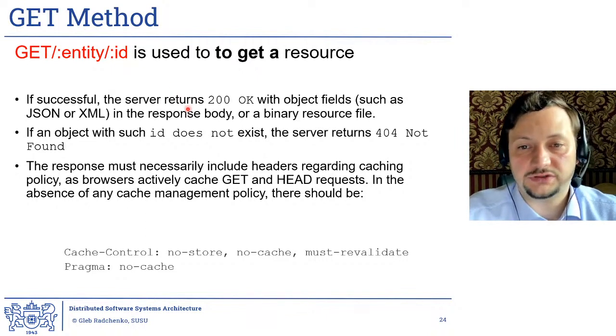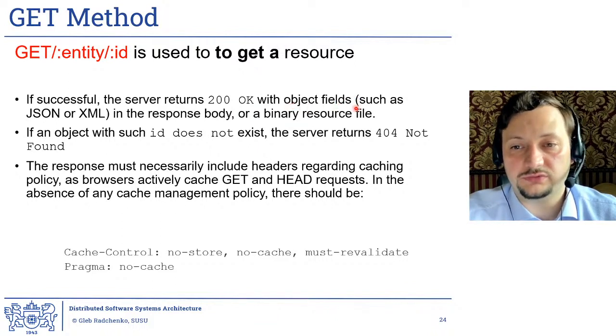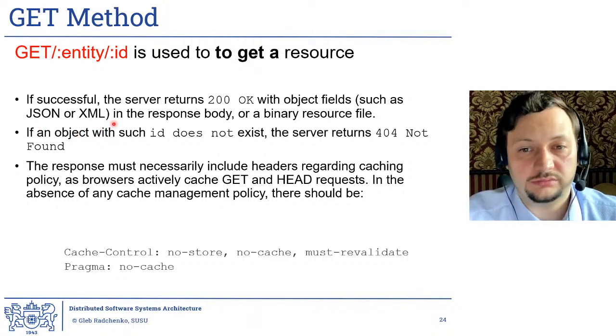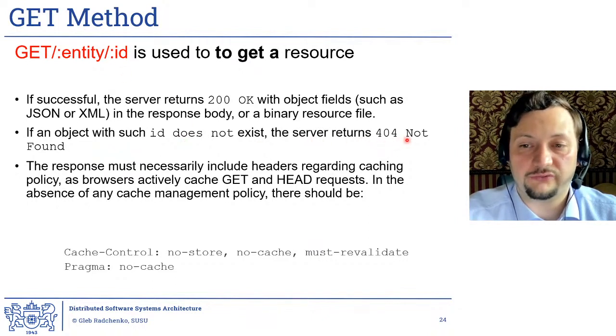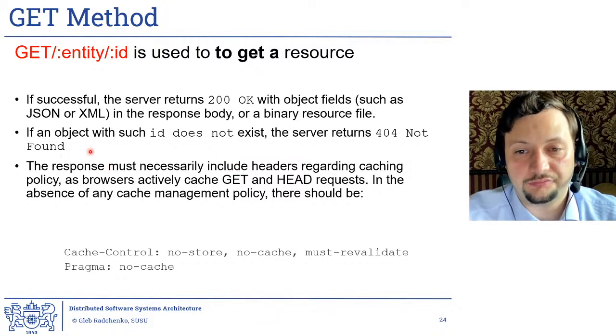If successful, the server returns 200 OK and all the object fields that are available to this user in such formats as JSON or XML in the response body. If there is no object with this ID, the server should return 404 not found.